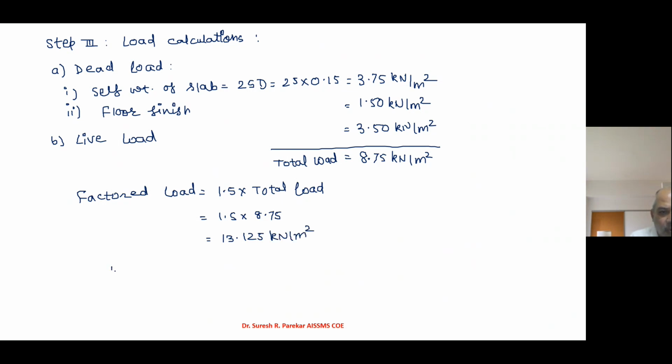Then Wu is 13.125 kilonewton per meter, as we assume unit width of slab.